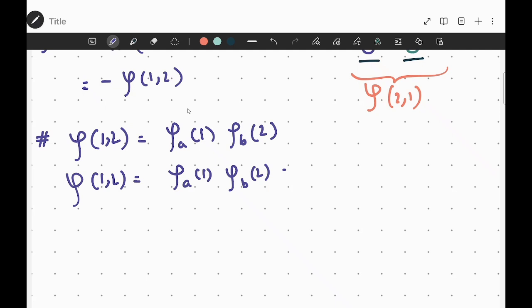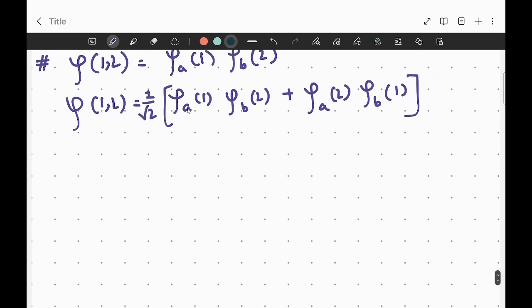Here we are considering only two particles, so that's why you have this limited option. Both wave functions are allowed for bosons.